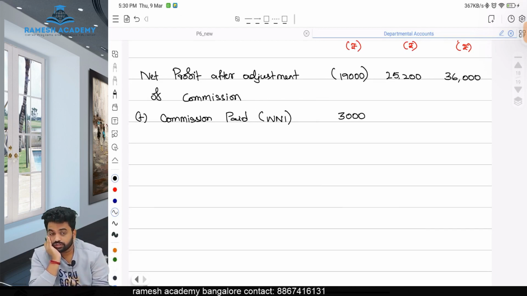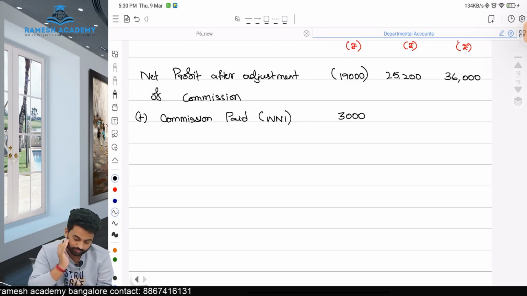Negative 19,000, add back 3,000. So net profit before charging commission is how much?